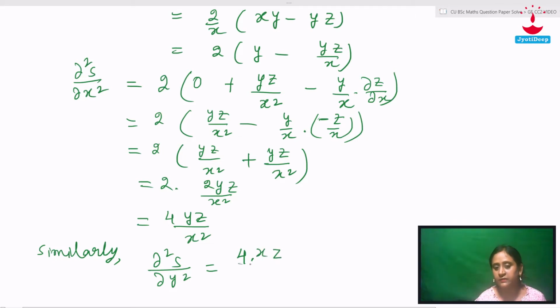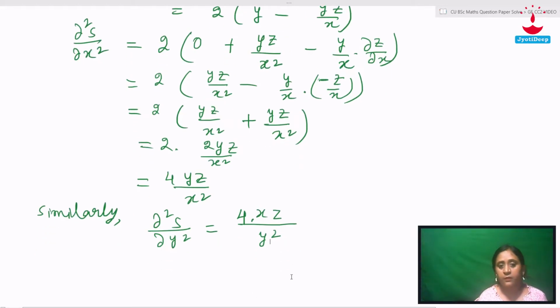And when we are differentiating with x square, we got x square as a numerator. Not numerator, it is denominator. Okay. And again here it is y square. So we are getting it here, y square in the denominator.